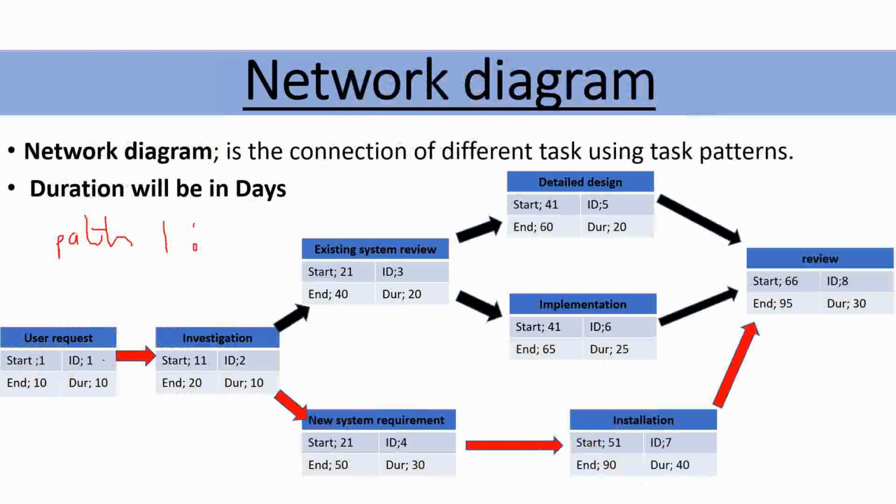Path number 1 would be 1 here, 2 here, 3, 5 and 8. That's path number 1, starting from here to here to here to here to here.